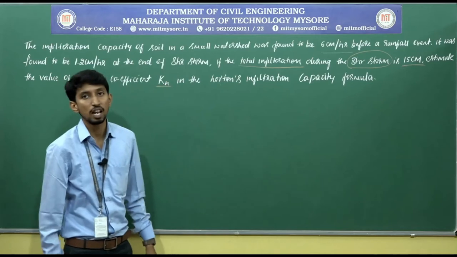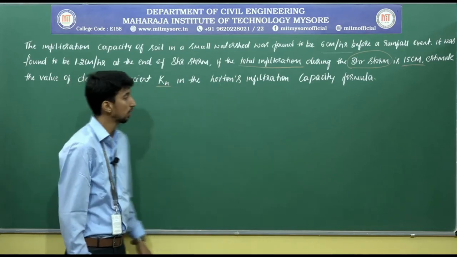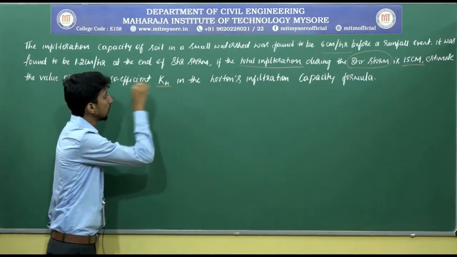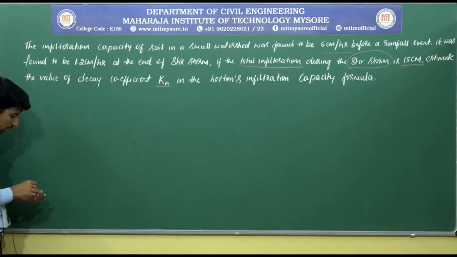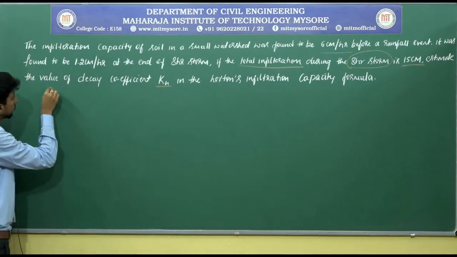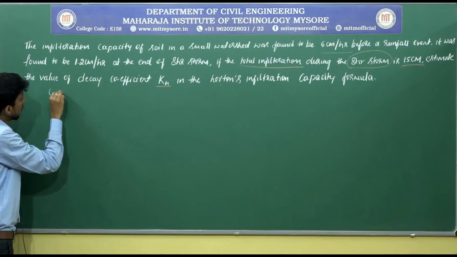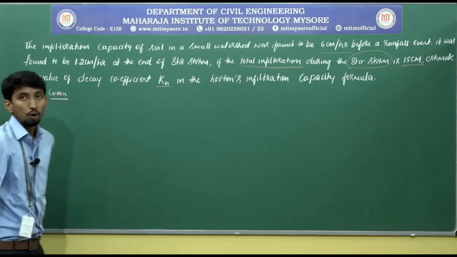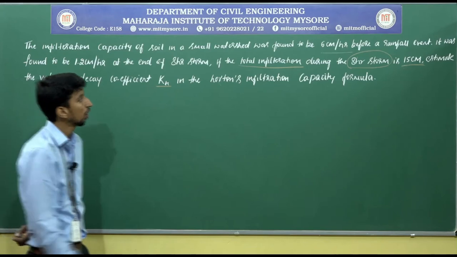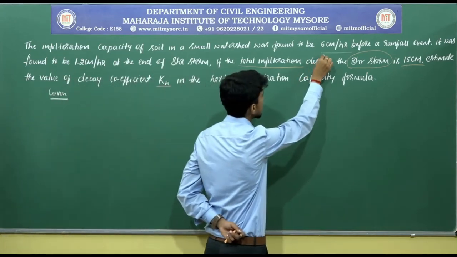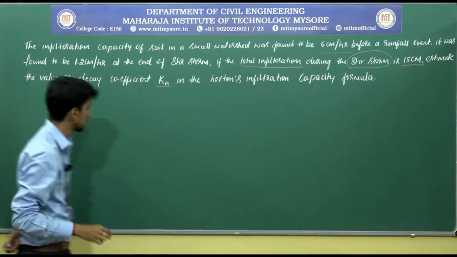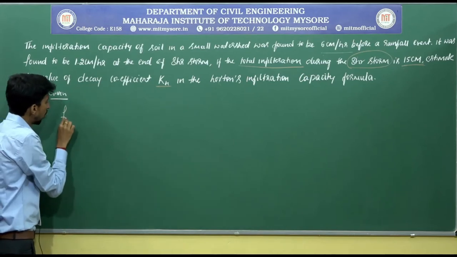First, write down the given values. Initially the infiltration is 6 centimeter per hour, represented by the symbol small f naught.